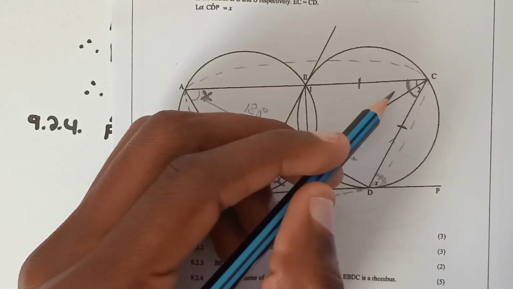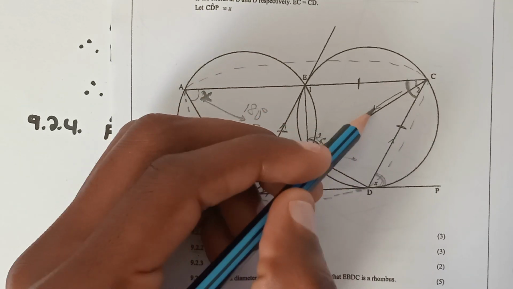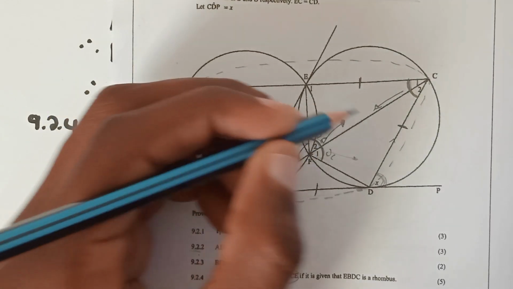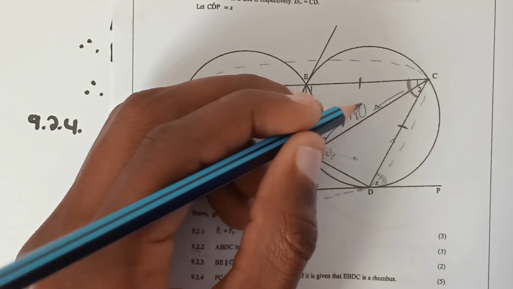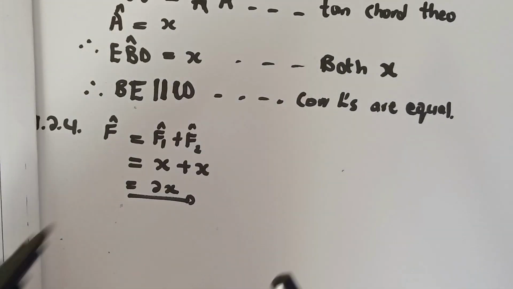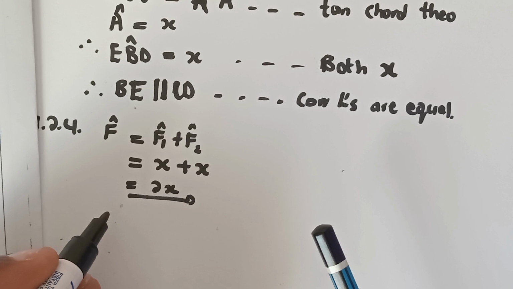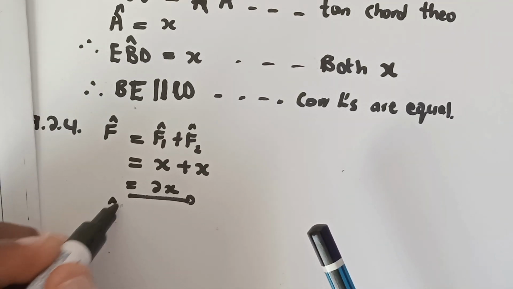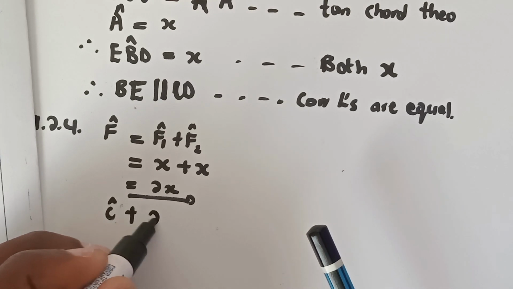Here is angle C. When you add angle C with the angle F here, they give us 180 because those are the opposite angles of a cyclic quadrilateral. And let's try to add them using angle F and angle C. That is angle C plus angle 2x.